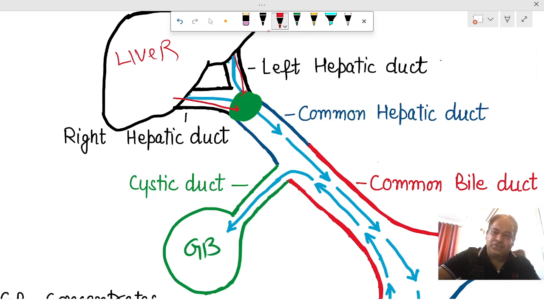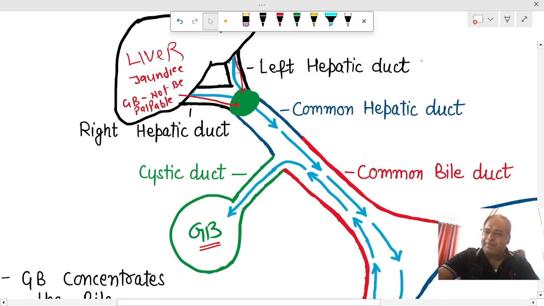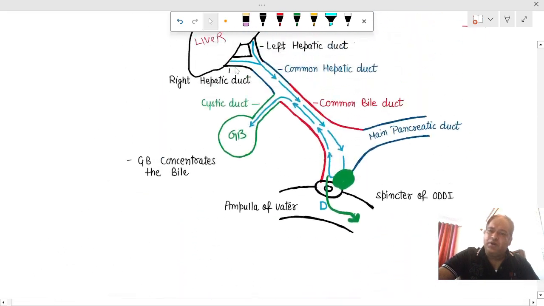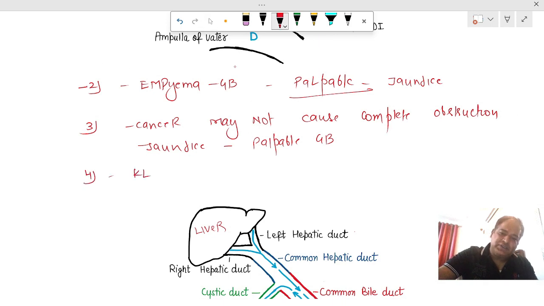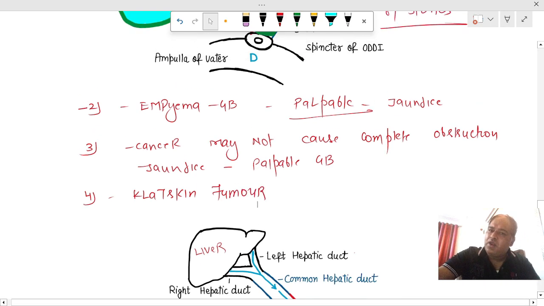So your patient will develop jaundice, but the gallbladder will not be palpable, because the bile will not enter the gallbladder at all. So that's the fourth exception to the Courvoisier law, that is Klatskin tumor at the junction of ducts.